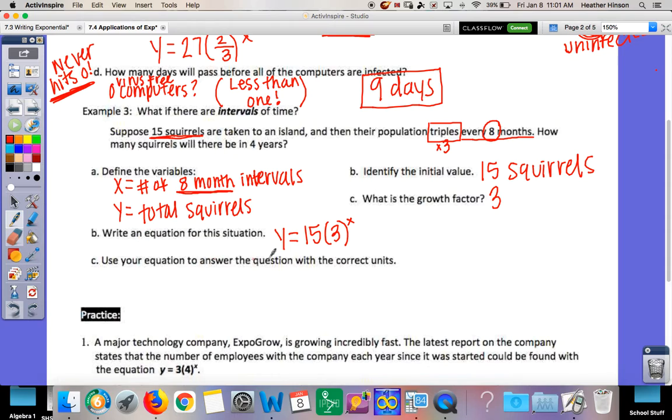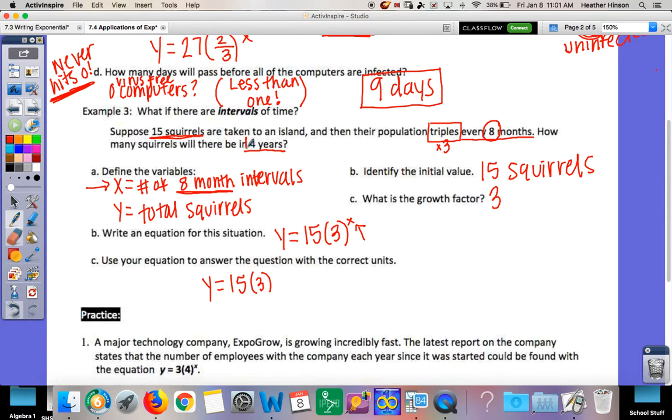Okay, use your equation to answer the questions with correct units. So the question says, how many squirrels will there be in 4 years? So what do we plug our time into? Well, time is x, so we're going to plug it into x. And these we can solve. You can look at the table if you want to, or you can just plug into x. However, we're not plugging in 4. Why?